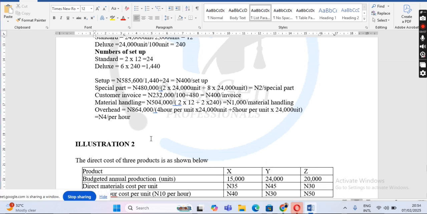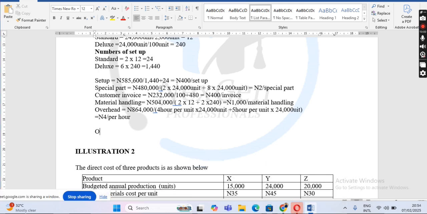So there are two products, right? This is overhead. Let's say determination of unit cost. Please, your presentation matters. Now, determination of unit cost.